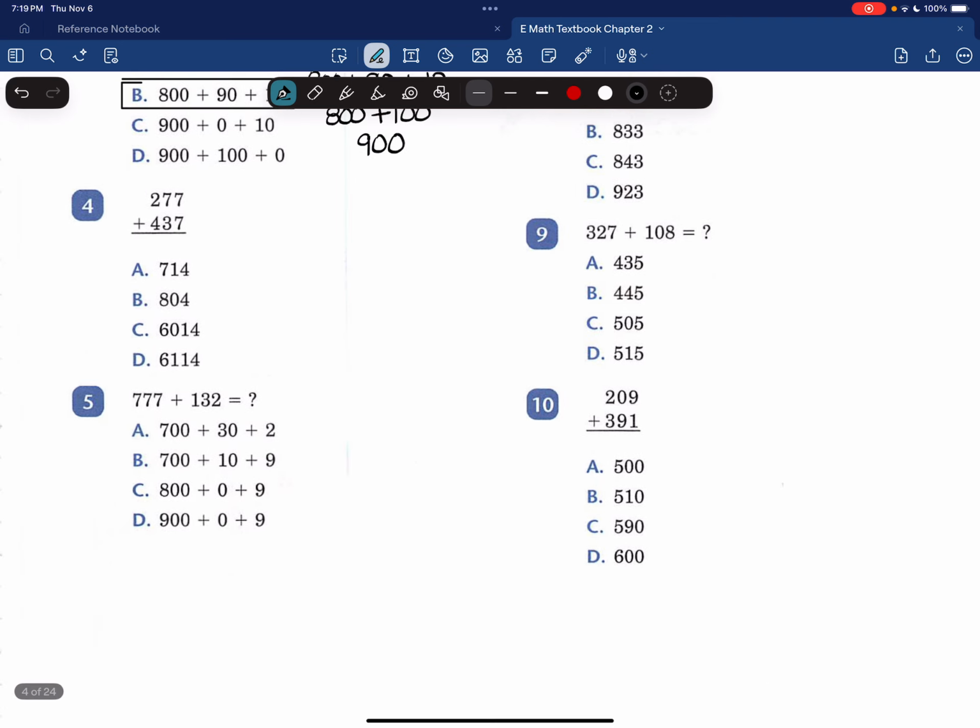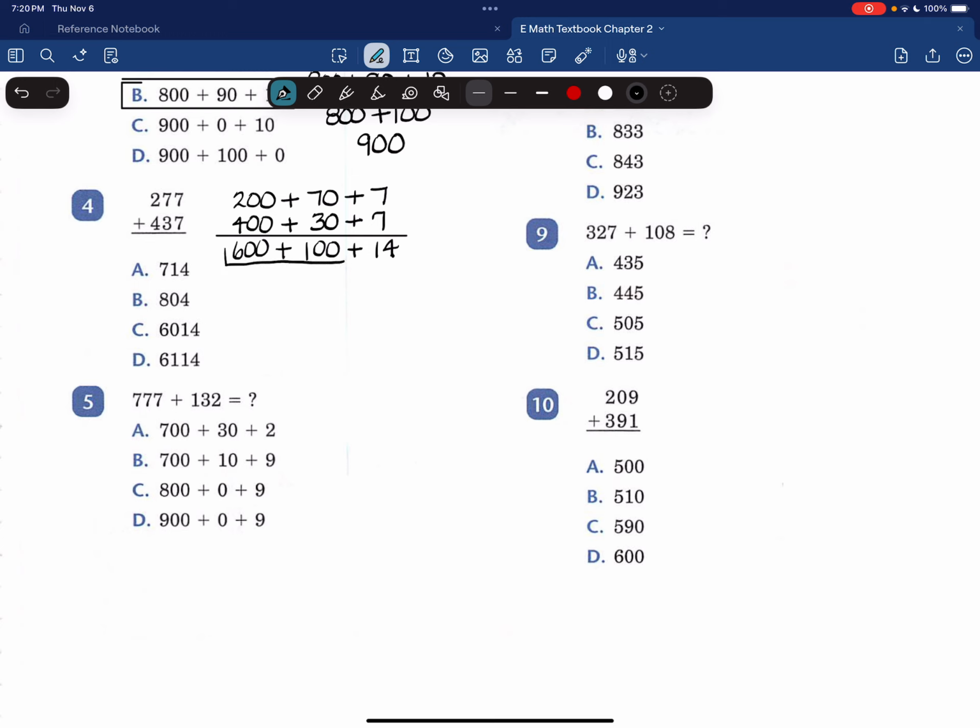All right, this one we have 200s, 7 tens, and 7 ones. And then we have 400, 3 tens, and 7 ones. And so I'm left with 600 plus 100 plus 14.